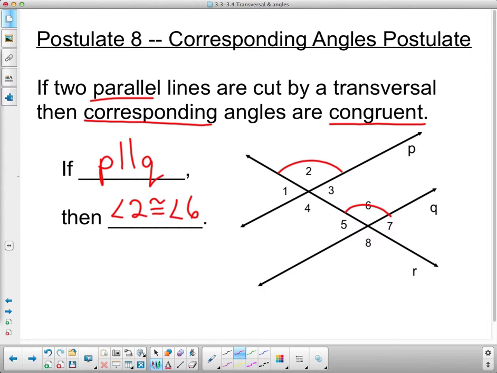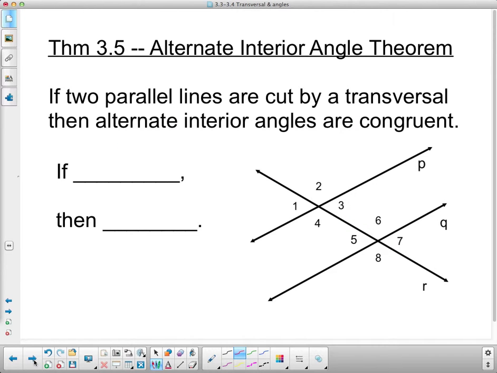Okay, next one. This one says if two parallel lines are cut by a transversal, then alternate interior angles are congruent. The alternate interior angles will always be the same. So those two that make a Z will always be the same degree measure.